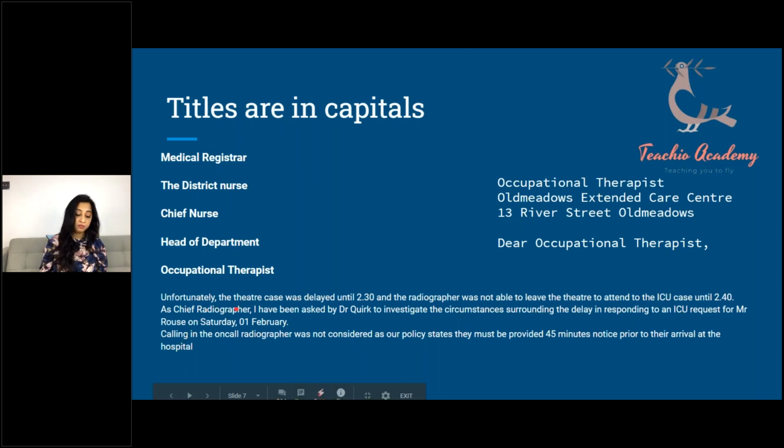Okay, Irene, if you look at this extract from the official OET, after unfortunately, they haven't put in a capital letter. Now, Mr. Manoj has covered all of the connectors in detail. If you're still confused about which connectors you use capital letters with and which you don't, I would strongly suggest that you go to our official OET channel on YouTube, which is by the name of Teach You Academy.